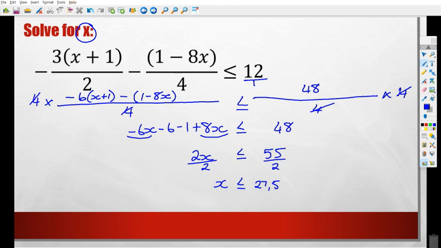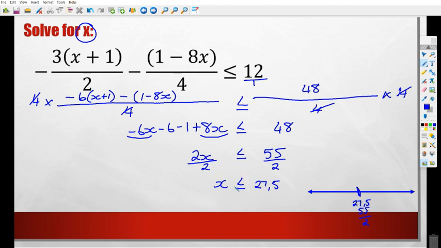So if I go and draw my number line, let me draw it here. They say that x is smaller than or equal to 27,5. I'm going to label 27,5. You can either say 27,5 or 55 over 2, whichever one you like most.